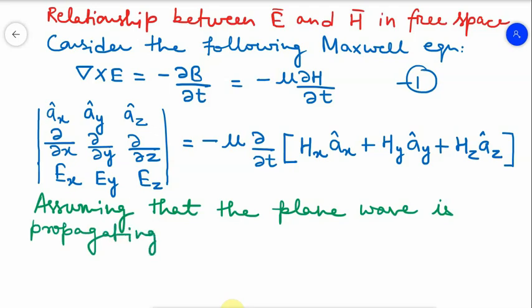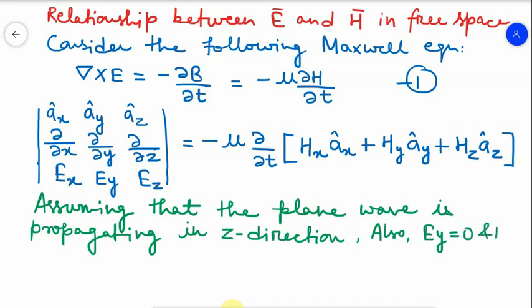Plane wave is propagating in which direction? In the z direction. So if it is propagating in z direction, the assumptions are Ey equals 0 and Hx equals 0.